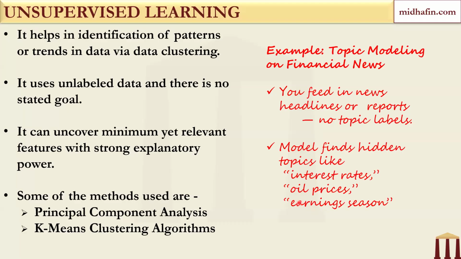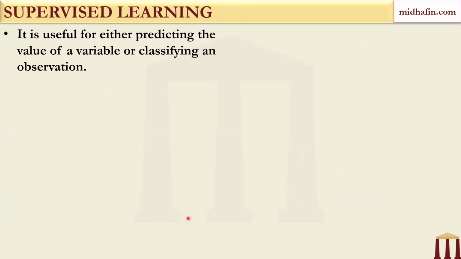So this is quite useful for analysts who just want to understand very quickly what themes are trending in financial markets without manually reading or tagging thousands of articles. Again, unsupervised learning is about letting the data speak for itself, uncovering patterns in the data which we might not have noticed till now, and organizing complex information into meaningful information.